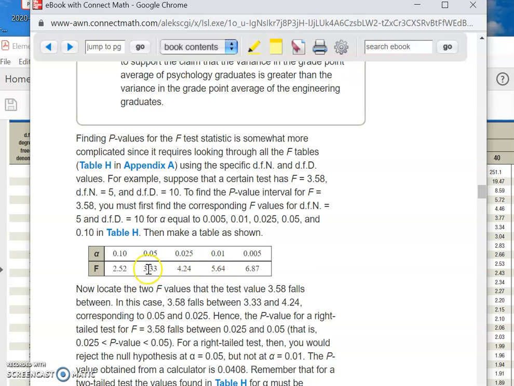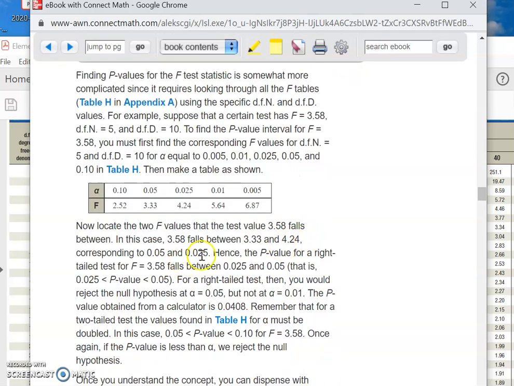It's between 3.33 and 4.24. That's where this guy is. So the F value is 3.58, and the corresponding p-value is somewhere between 2.5% and 5%, okay?